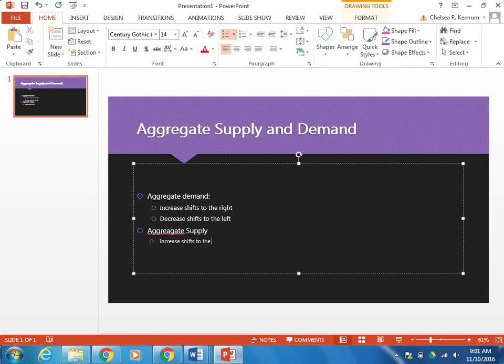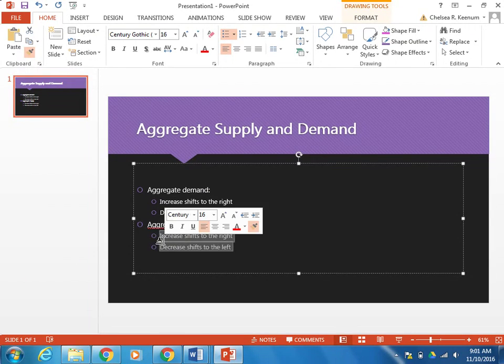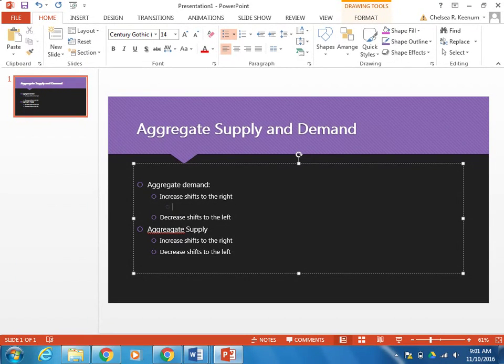Increase shifts to the right. Decrease shifts to the left. I don't know why. This is really probably showing my computer skills and how they aren't very good. Okay, and let's add some things in here. The increase: price level and output increase.